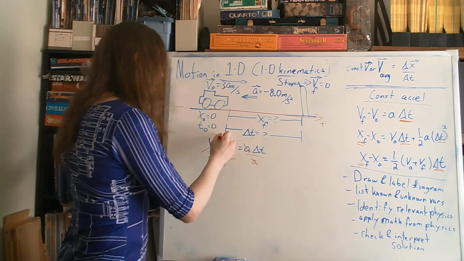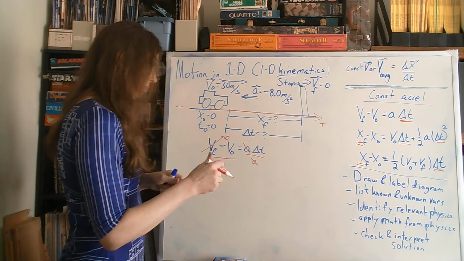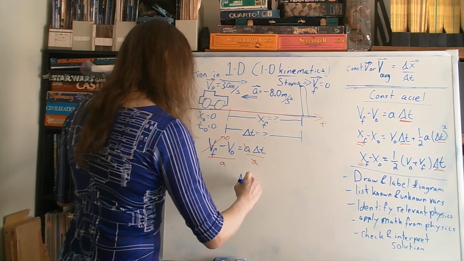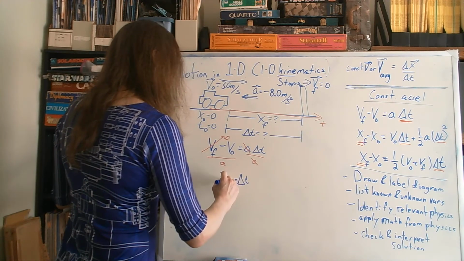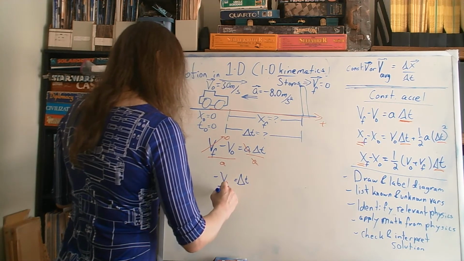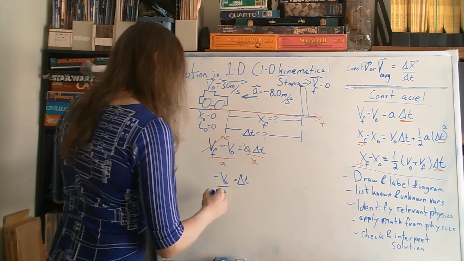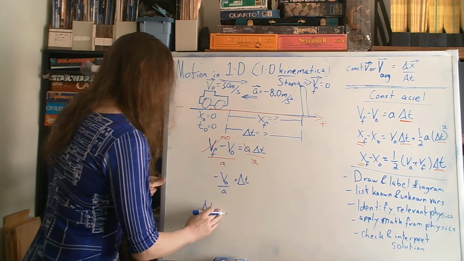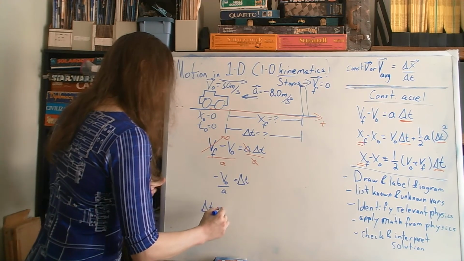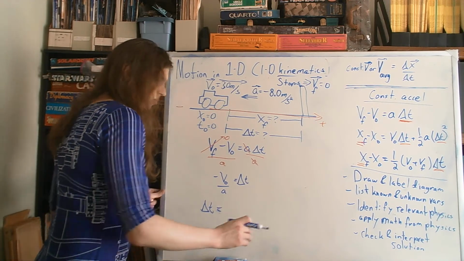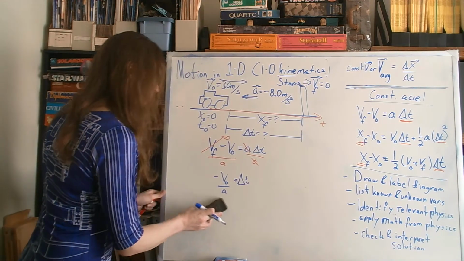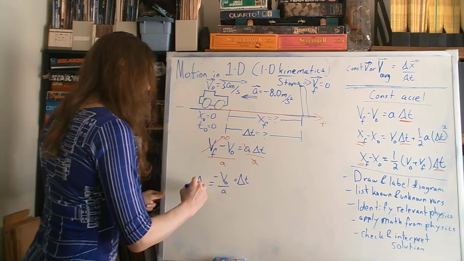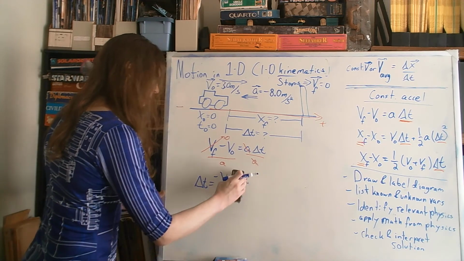And so I'm going to go ahead and cancel that. And that leaves us with delta t is negative V0 over A. I'll just rewrite that here.